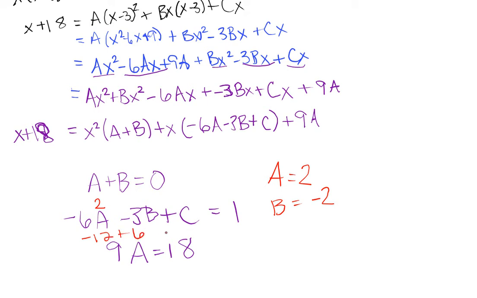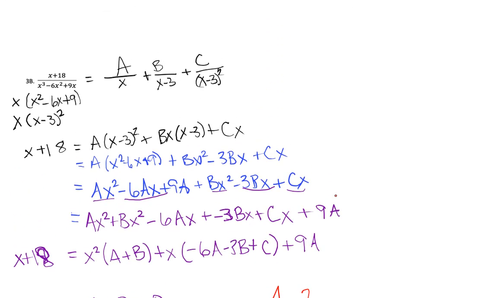So I have -6 plus something equals 1, so C has to equal 7. So 2, -2, and 7. And I will go ahead and write those in. And that's my answer. Wow, that is whack.